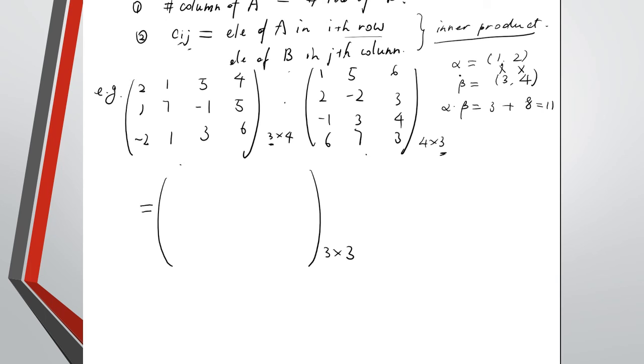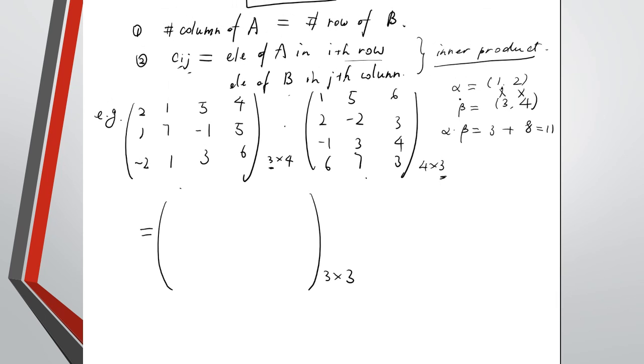Alrighty, so if you have a little trouble to begin with, well, let's do it together, hand in hand. Okay, so we say that the first element in this product, I would say this is C11 because it is in the first row and in the first column.